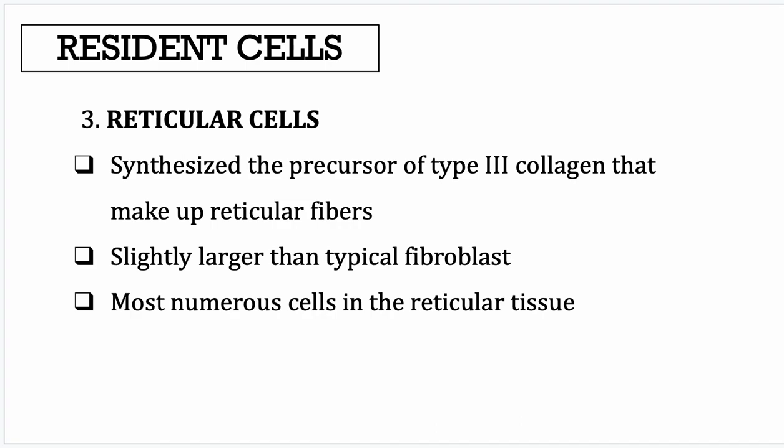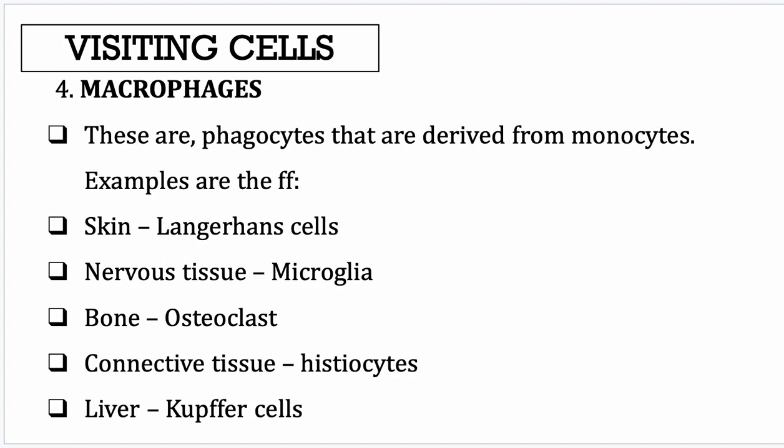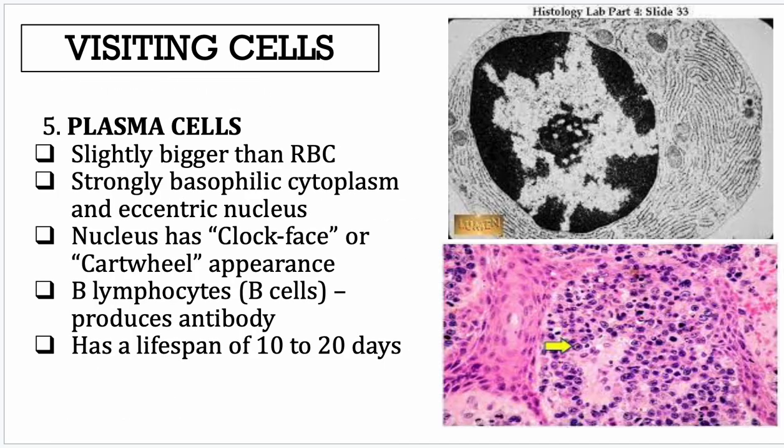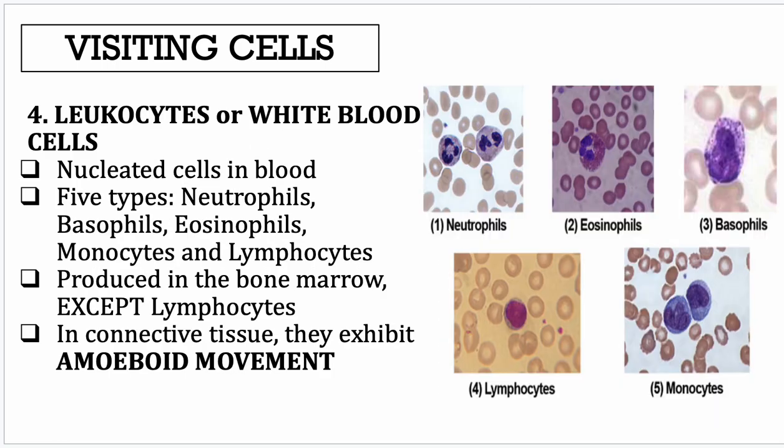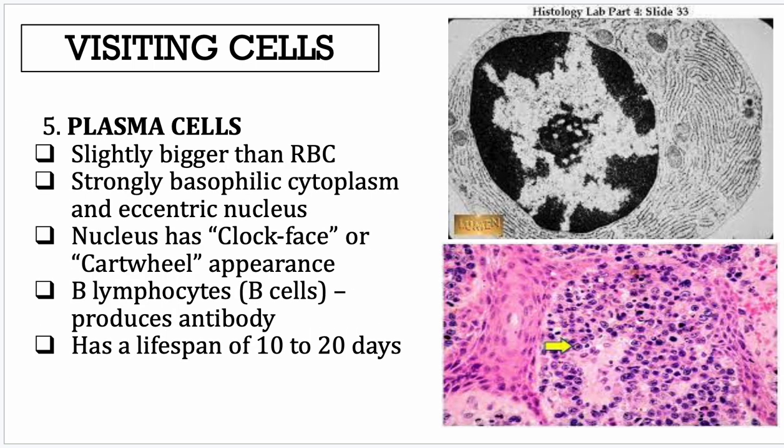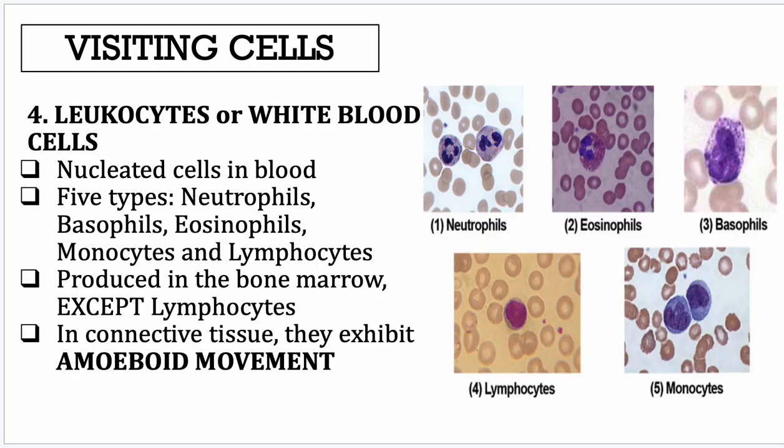Reticular cells, no, they synthesize the ingredient for type 3 collagen that would make up your reticular fibers, no. Macrophages, ang say different names niya in different sites. Plasma cells, no, actually naaman siya ka ng pathway, pero more on hima na to siya. Basta kabalo lang, you should know no unsa sila, naka-idea unsa sila. Then leukocytes are white blood cells, no. Kani familiar na ninyo sa pag-identify sa neutrophils, eosinophils, basophils, monocytes, and lymphocytes.